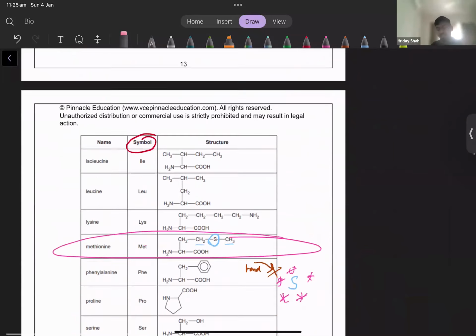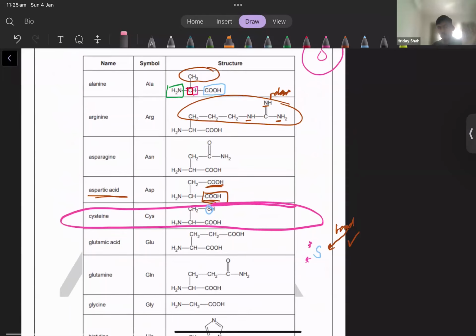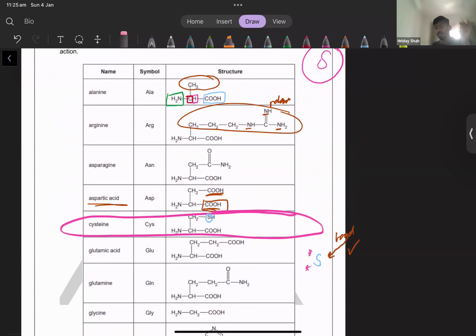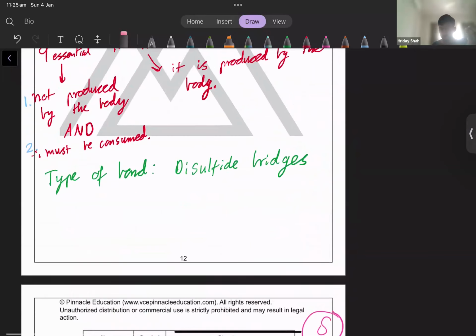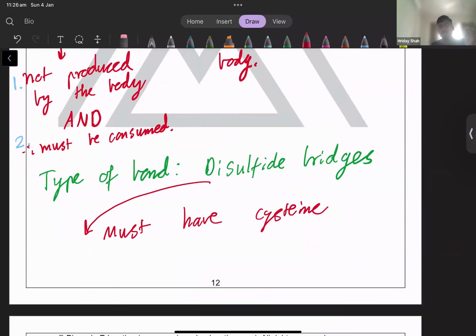Now, out of 20 different amino acids, cysteine is the only amino acid that has a free sulfur group, or a sulfur group that can bond. And so if you want to form a disulfide bridge, you must have the amino acid cysteine in your chain, because otherwise you don't have sulfur to form a disulfide bridge.